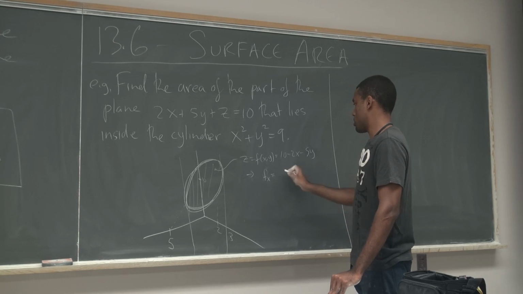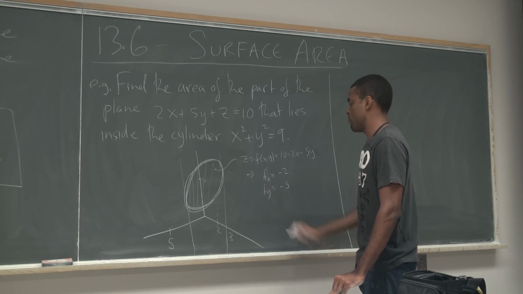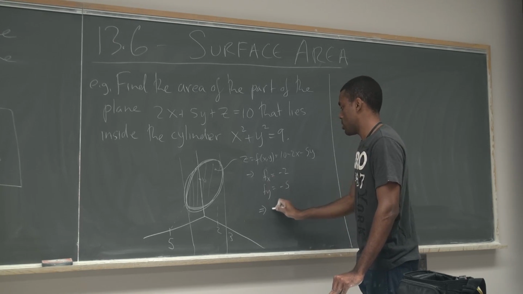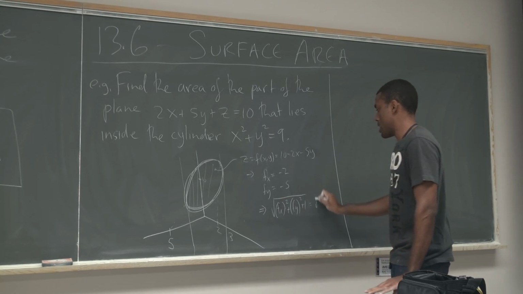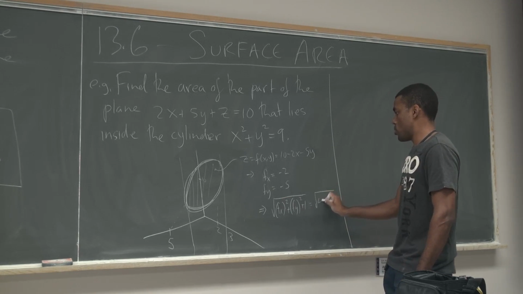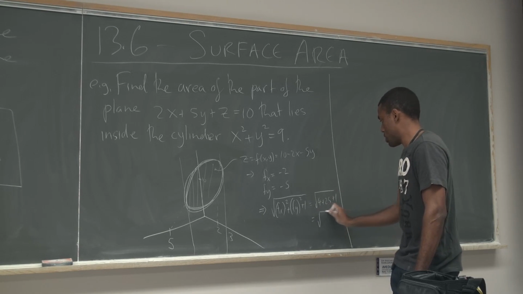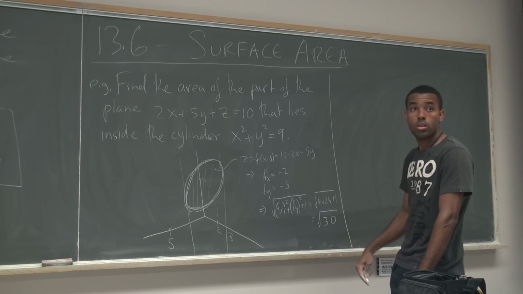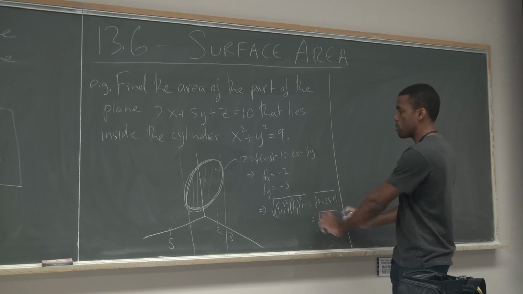Fx equals minus 2, Fy equals minus 5. This implies the radical of fx squared plus fy squared plus 1 is just the radical of 4 plus 25 plus 1, which is just the radical 30. Okay, so that's the number I'm integrating.